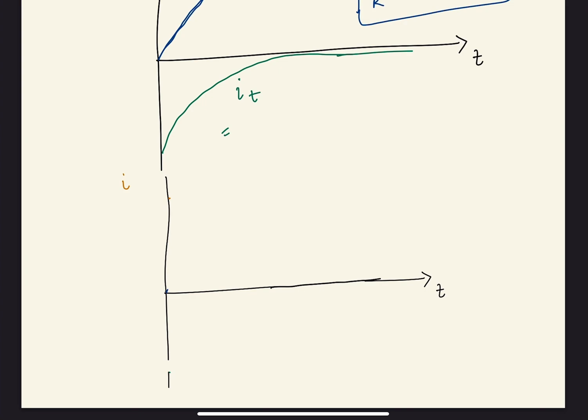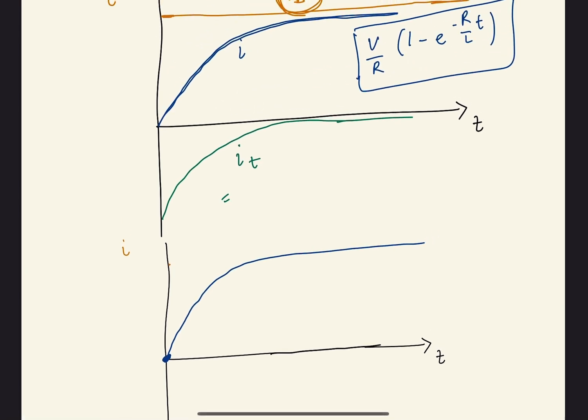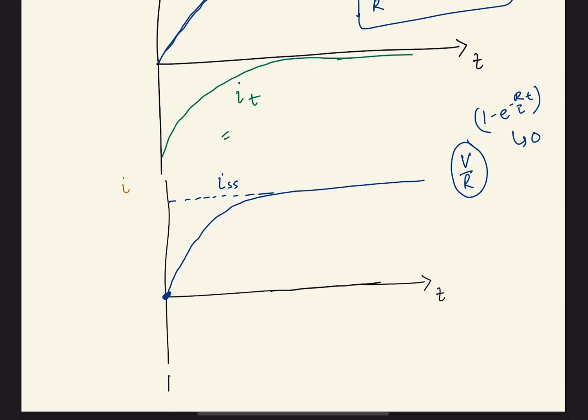It tells me that the current is initially 0 and it rises till it reaches this steady state value like this. And what is the steady state value? It is this V by R, because in 1 minus e to the power minus R by L t, the exponential term goes to 0 as time goes to infinity. So this is the steady state value, I_SS. Okay, so this is how the current is actually evolving.